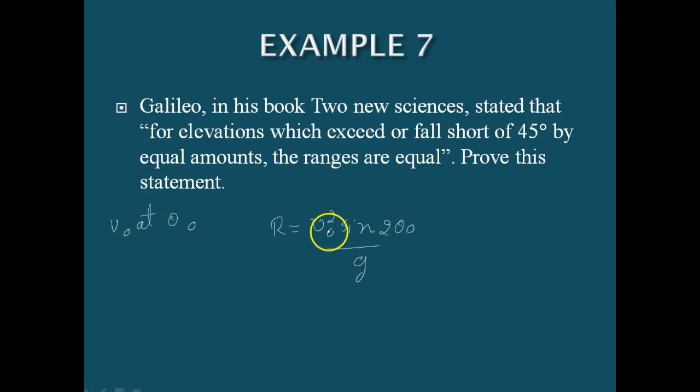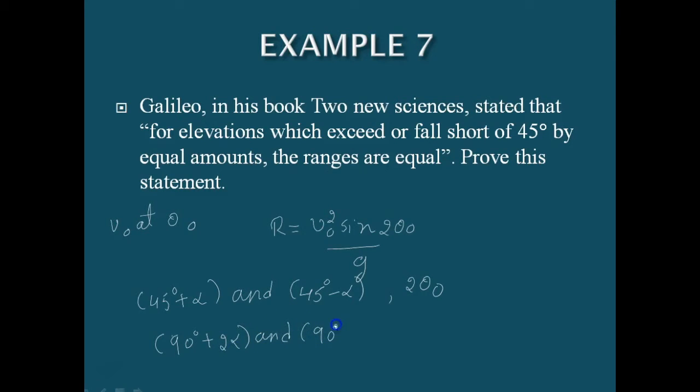We already proved this. So now for angles 45 degrees plus alpha, and even for 45 degrees minus alpha, 2 theta naught becomes how much? 90 degrees plus 2 alpha and 90 degrees minus 2 alpha respectively.